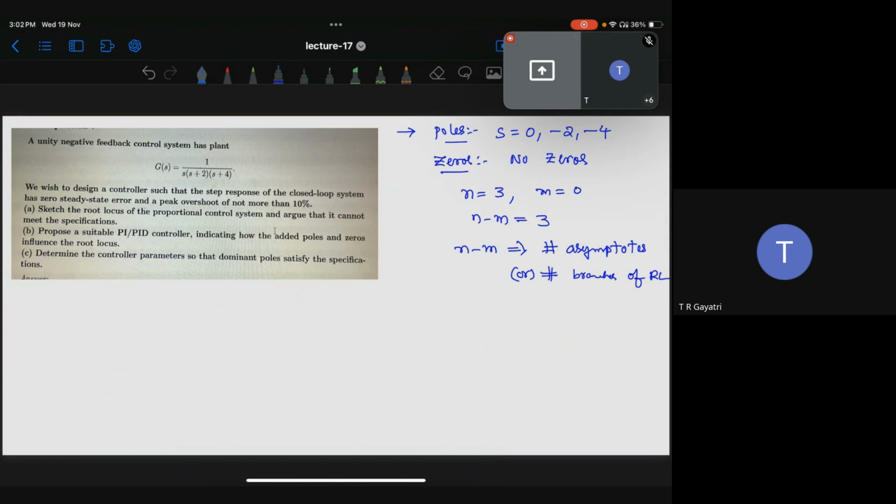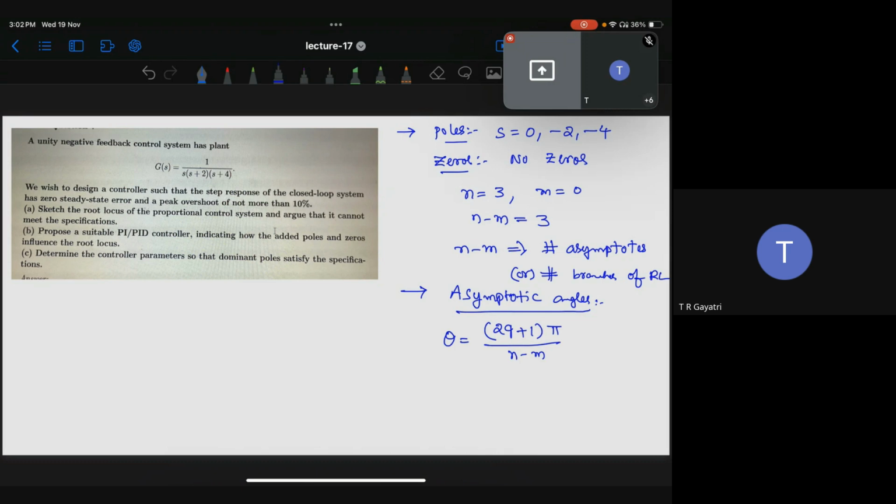Second, let's find the asymptotic angles. What is the asymptotic angle equation? Theta equals (2q plus 1) times pi divided by (n minus m).